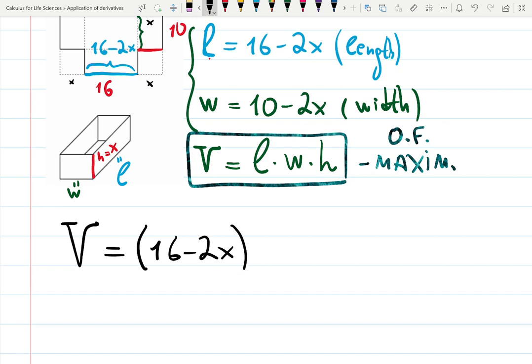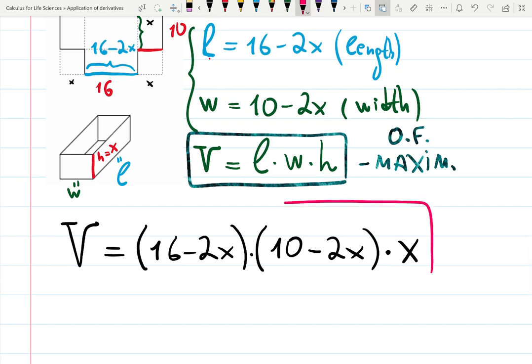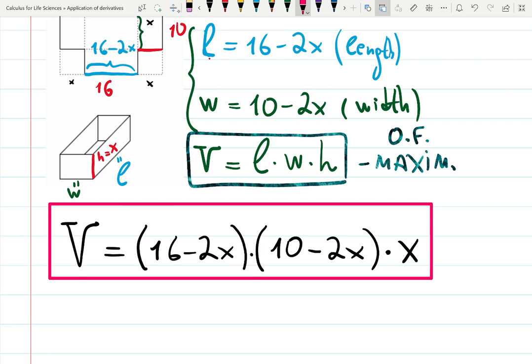Total 16 minus 2 cuts. w is 10 centimeters minus 2 cuts. And then height, we all agree, was x. Now, it's actually a cubic function. It's fine if you don't see it, but x times x times x makes a cubic function. This is the function we want to maximize. Put it in the box. So this is the one we want to maximize.